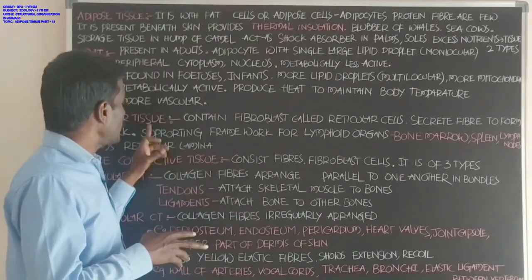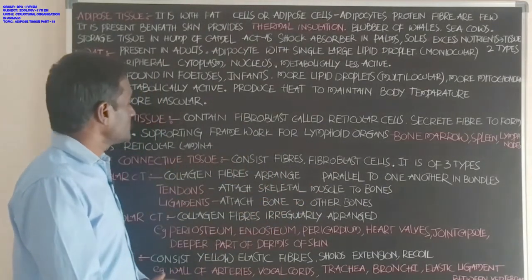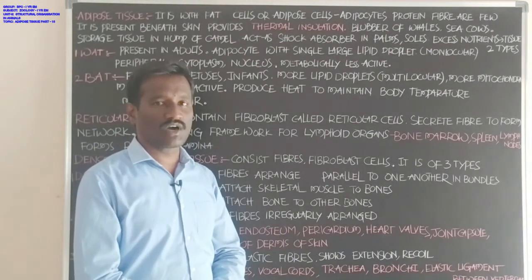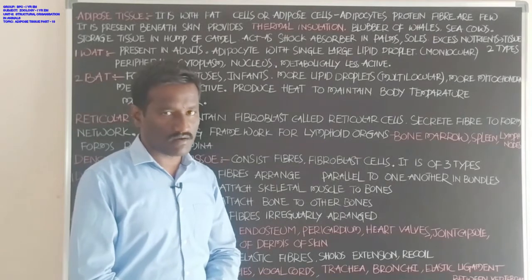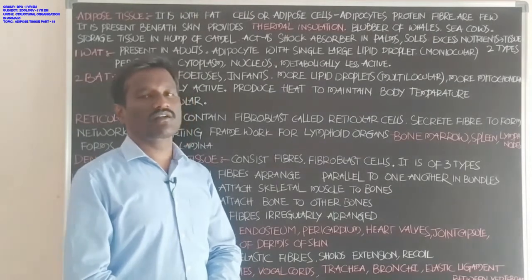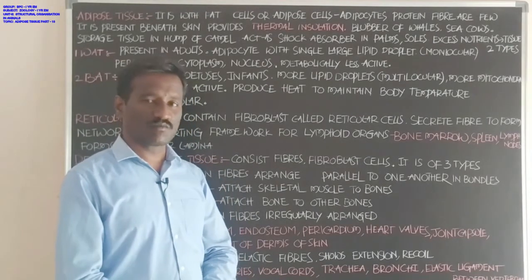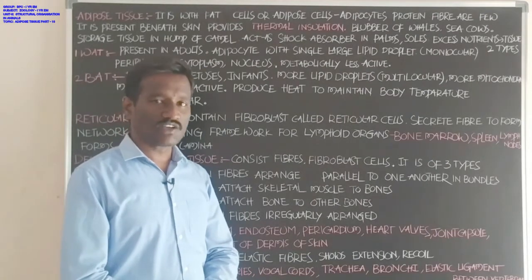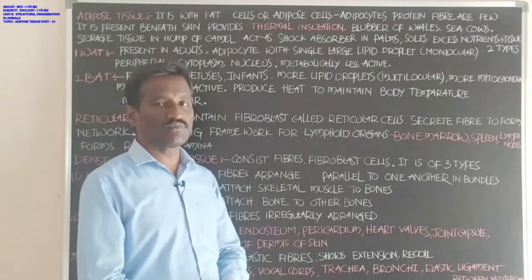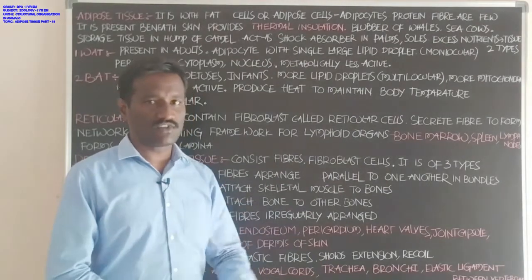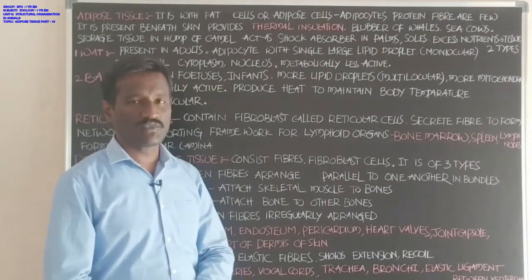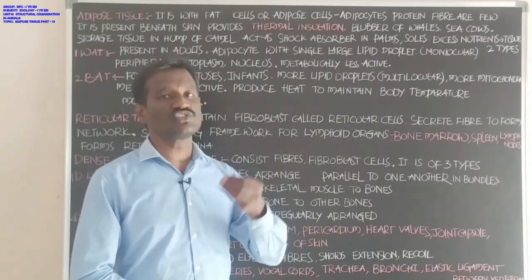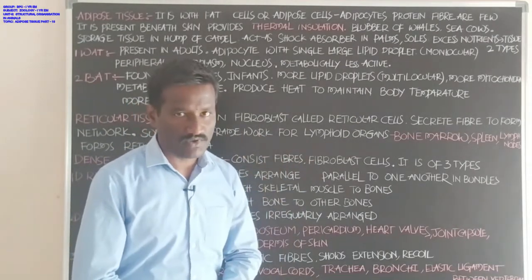Next, student, supporting framework. This provides a supporting framework for lymphoid organs. Lymphoid organs present in the body include bone marrow, spleen, lymph nodes, and mucosa-associated lymphoid tissue. These are different types of lymphoid organs which produce lymphocytes and immune cells in the body.